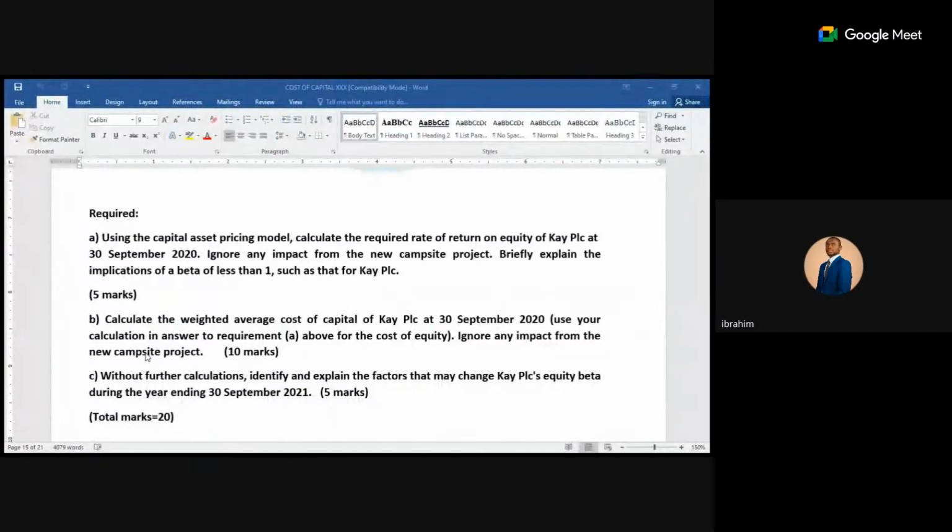The capital asset pricing model is another method of estimating cost of equity. The question is just too straight that you already know you have to use it.